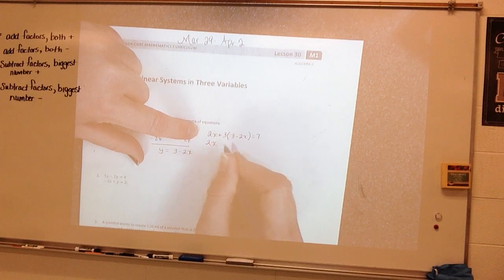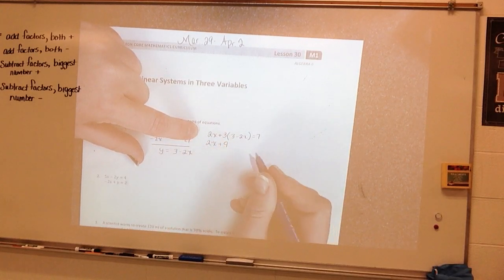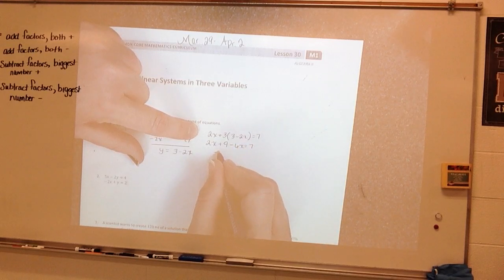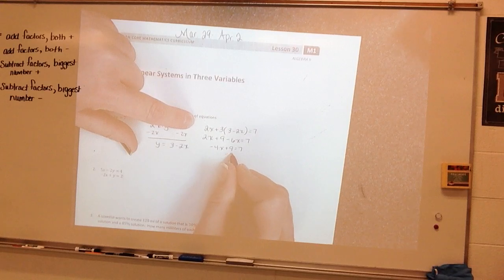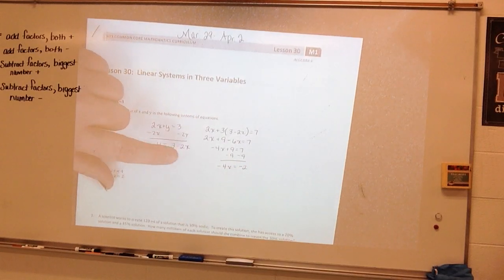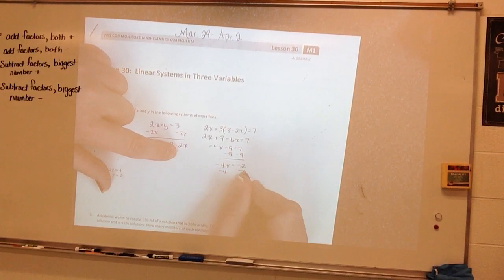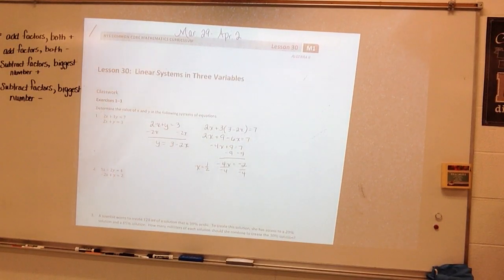Let's go ahead and solve that. 2x plus 9 minus 6x equals 7. So I have negative 4x plus 9 equals 7. Subtract 9. I get negative 4x equals negative 2. So then divide by negative 4, and x equals 2/4 or 1/2.